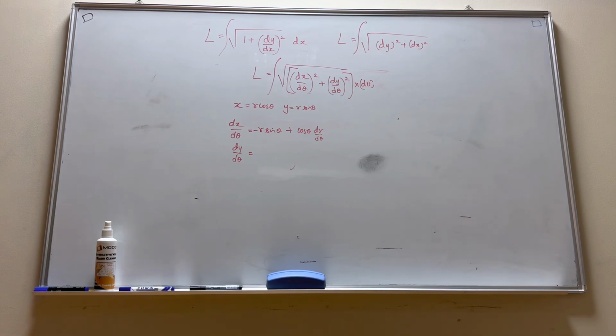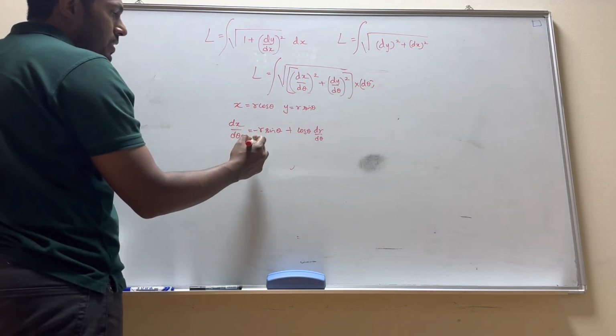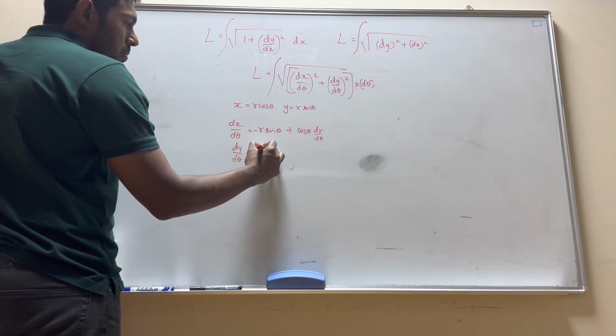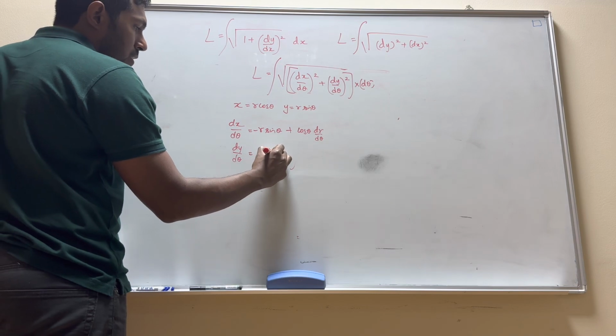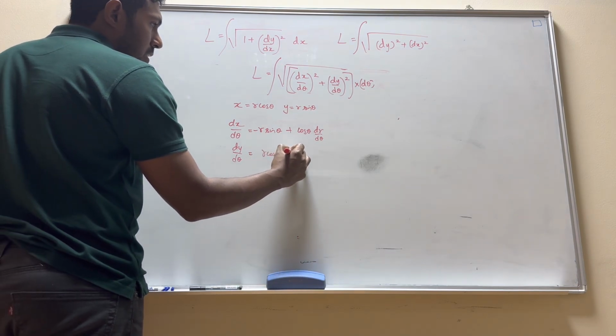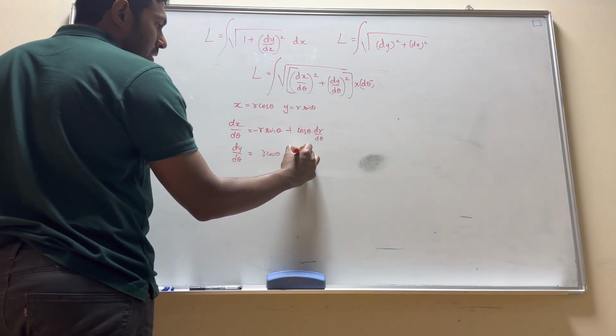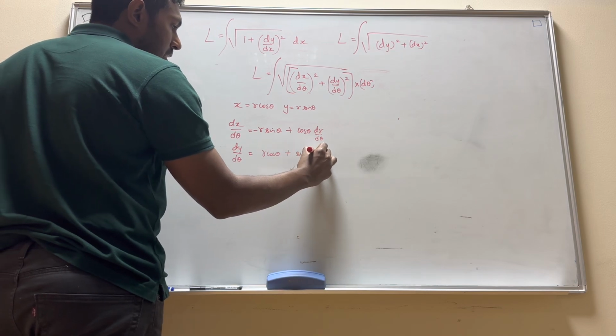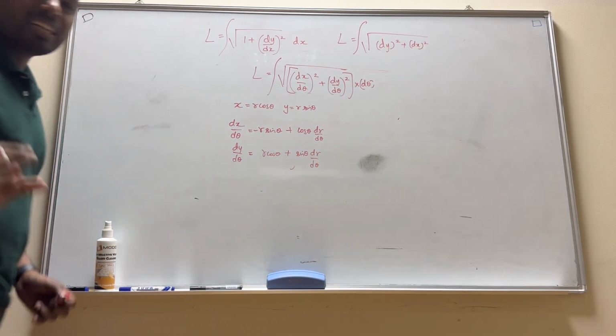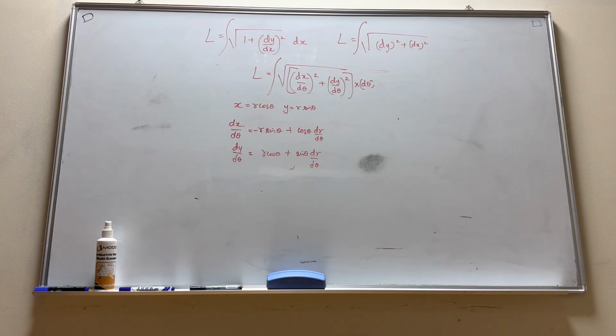Okay, and this becomes r cos theta plus sin theta dr by d theta. Yep. You don't need to write all this. Okay, fine. Let's just do it.